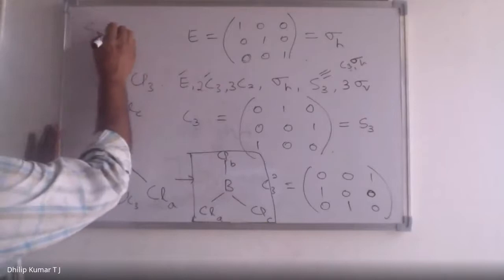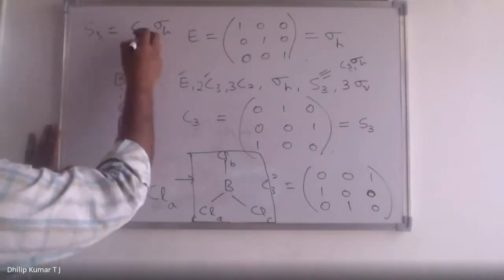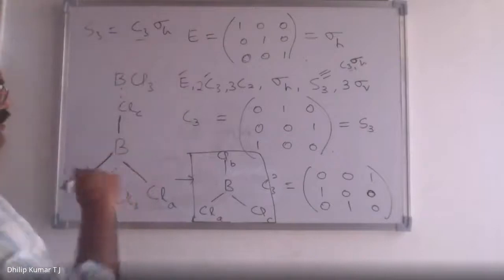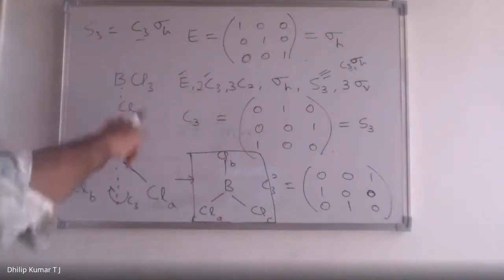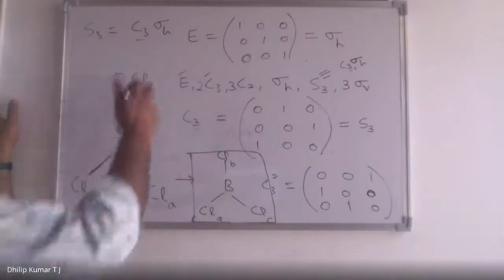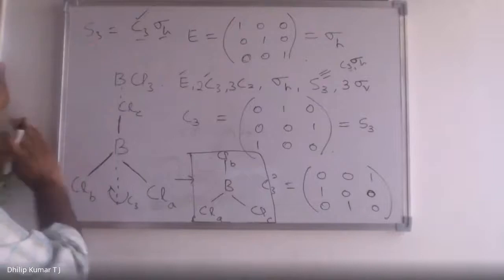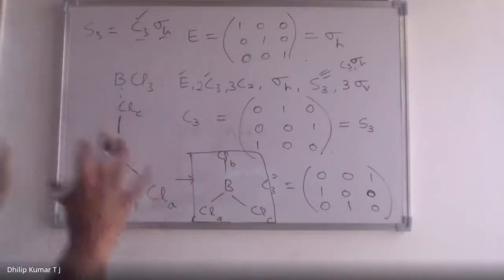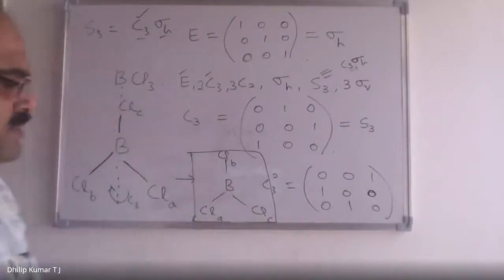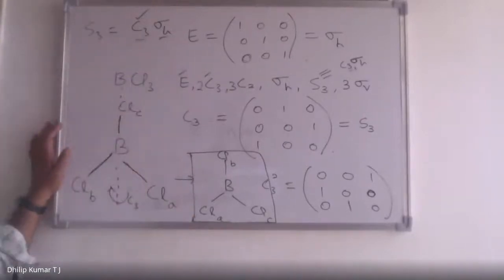S3 means C3 followed by sigma H. If you rotate it by 120 degrees, the atom positions are just shifted by 120 degrees, and after that you perform sigma H. You place the mirror on top of this molecule, so the atoms stay in the same place. It's not going to change. So this has S3 also.